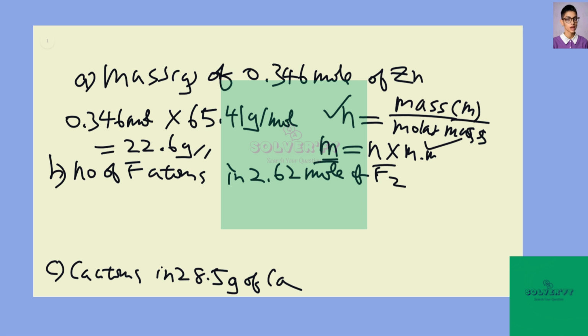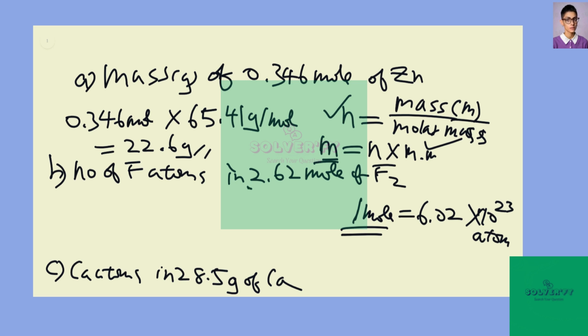The conversion factor is that each mole corresponds to the Avogadro number, roughly 6.022 or 6.02 times 10 to the power of 23. For this case, we are looking at atoms, so it corresponds to 6.02 times 10 to the power of 23 atoms. We just need to find the total number of moles of atoms, and then we convert to the actual number of atoms.